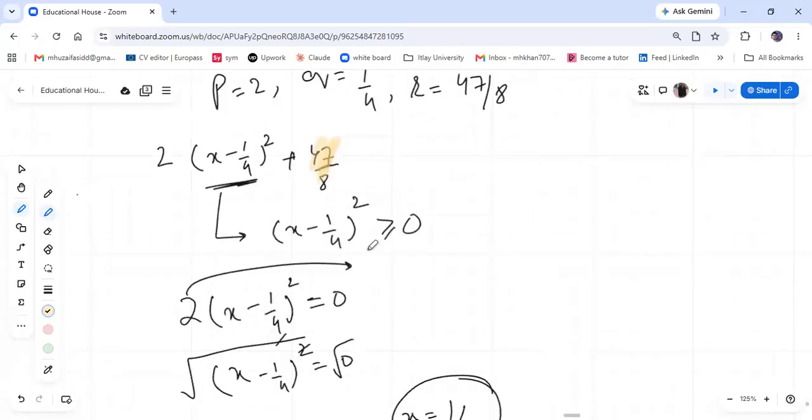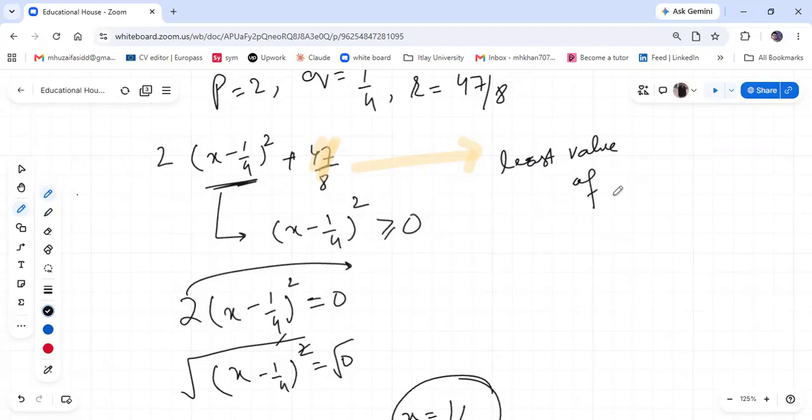On this basis, we are saying that the least value is 47 by 8. 47 by 8. Got it?